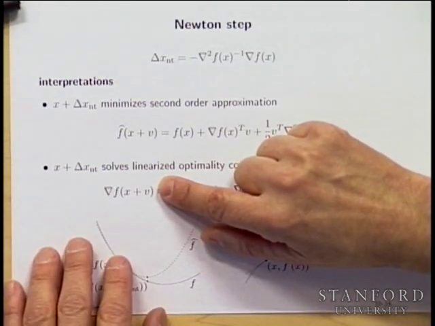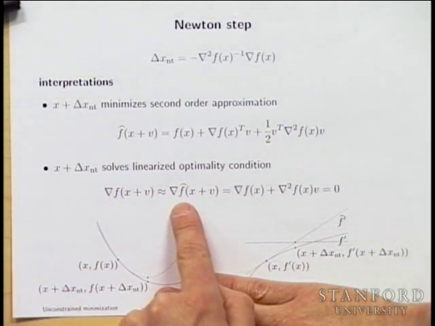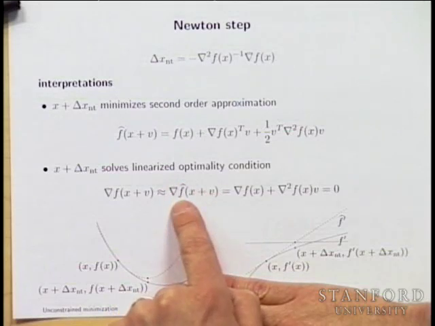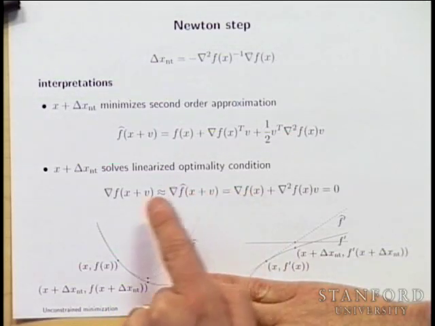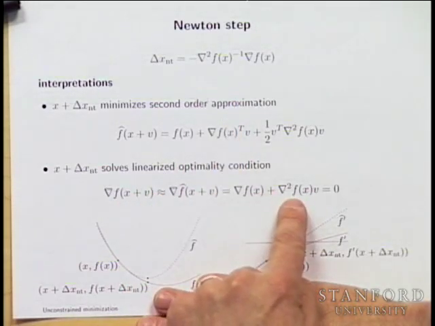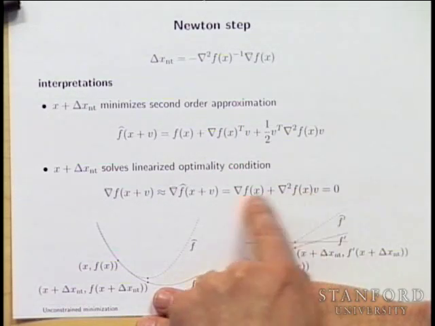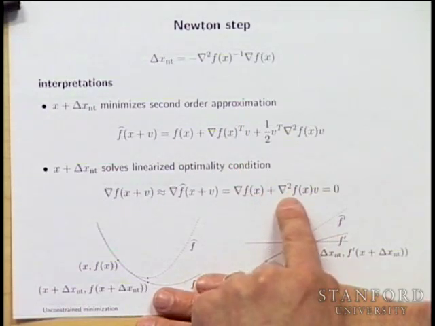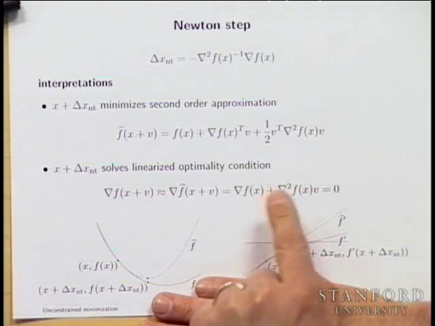So what you do is you say, well, look, this nonlinear function is about equal to, I'll replace it with this linearized approximation, which is the gradient where you are, plus the derivative of the gradient. But that's nothing but the Hessian. So this is that. And then you set that equal to 0. And if you solve this equation, of course, you get v equals minus Hessian inverse gradient.